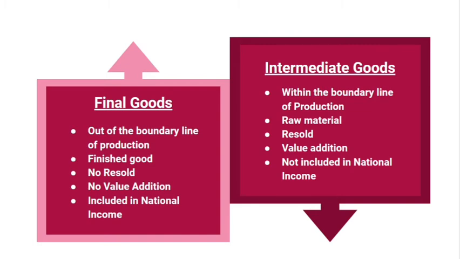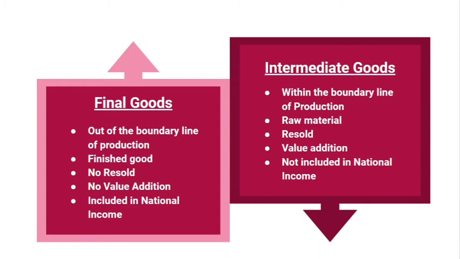To give you an example, the wheat, flour and water are intermediate goods and the final good is bread.